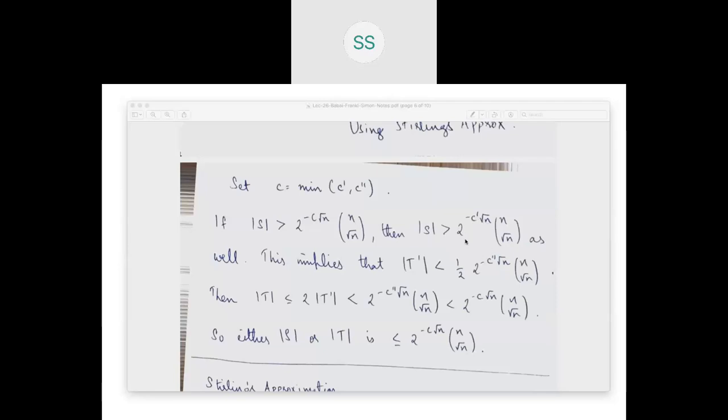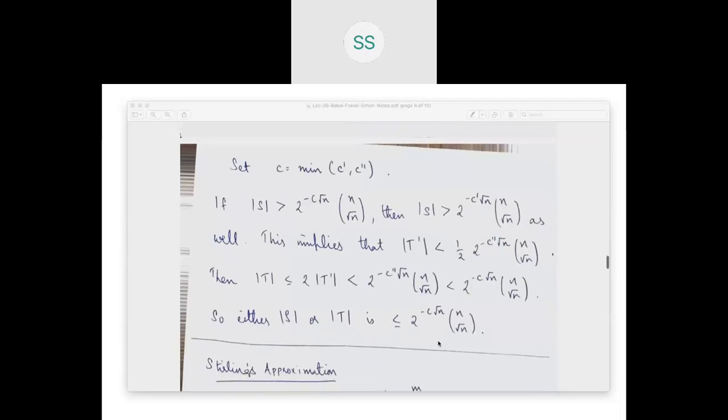This implies that T prime is at most half times 2 power minus c double prime square root n fraction, which means that T is at most 2 power minus c double prime square root n fraction, which means T is at most 2 power minus c square root n fraction. So either S or T is at most 2 power minus c square root n fraction of the total number of rows or columns. So that completes the proof, except for the two things, the claim and the Stirling's calculation.